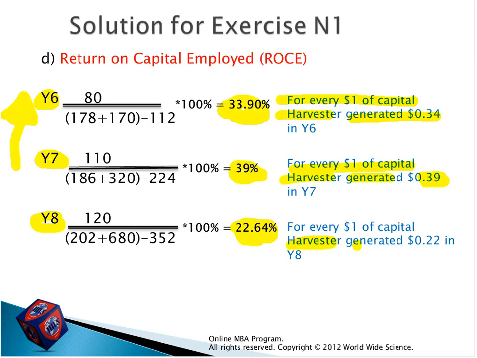That is a good result. But what about from year 7 to year 8? We have a decrease. The higher our results, the higher our profit is, the better for the company, right? But here we have some changes.